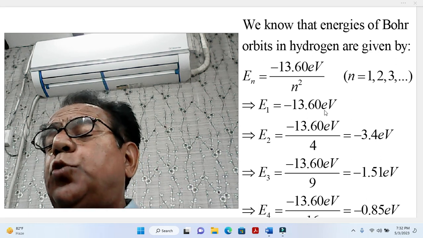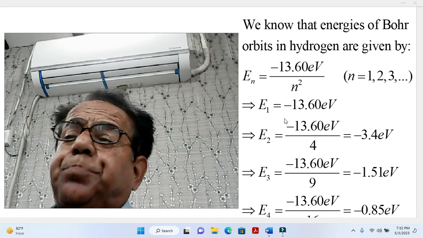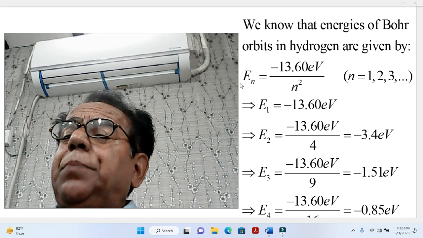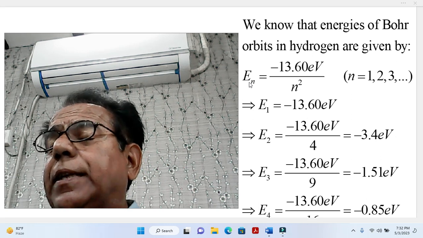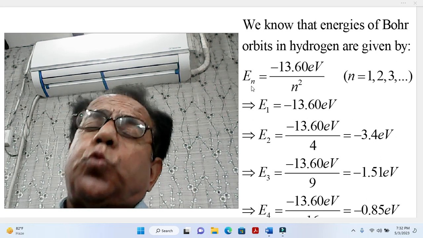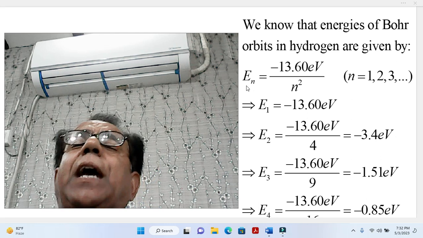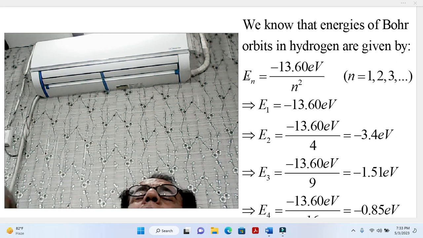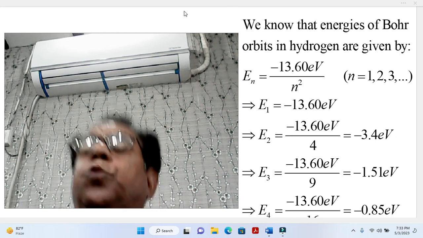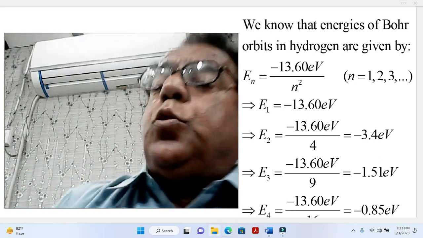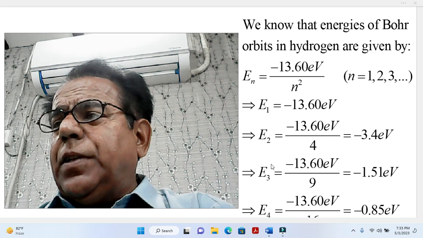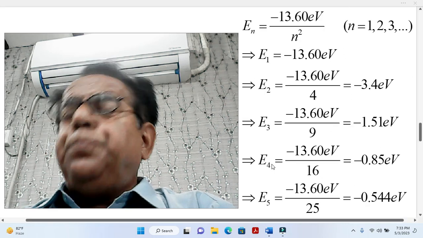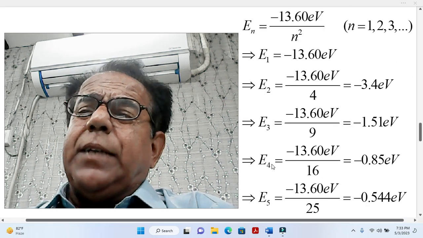Okay, so here what we will do, one time we will put n equal to 1 and we will get the value of E1, then we will put n equal to 2 and get the value of E2, then we will put n equal to 3 and get the value of E3, then we will put n equal to 4 and get the value of E4, then we will put n equal to 5 and get the value of E5.